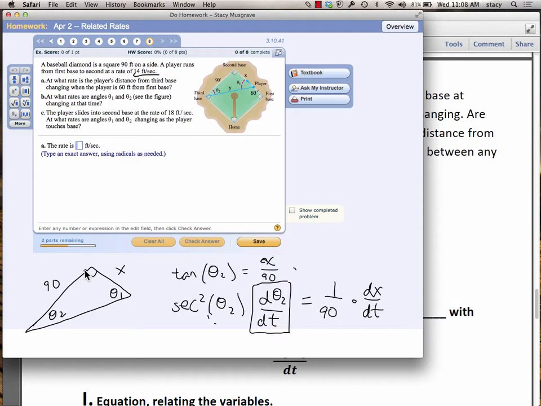What's secant? 1 over cosine. Wait, what? The inverse tan of 0 divided by 90 is 0. Oh, you're coming back up to here? Right. Okay.